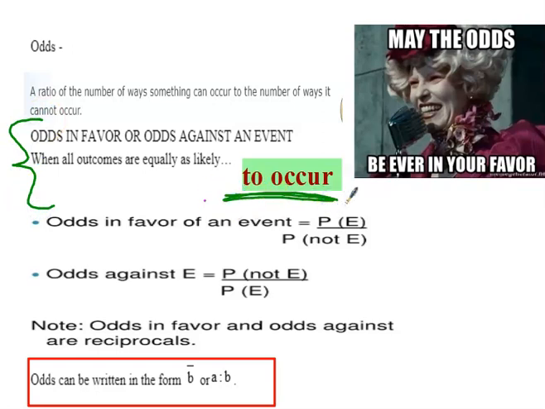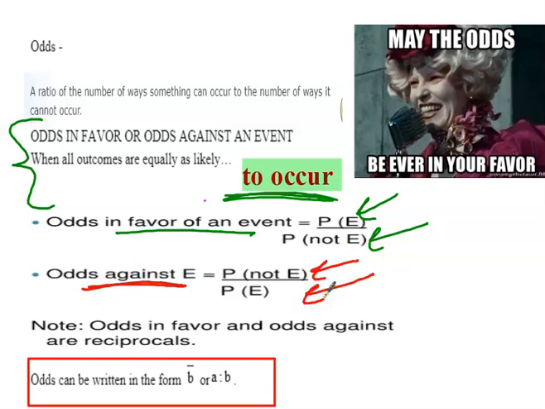Odds in favor of an event means when does it happen and when does it not happen. If you hear the phrase odds against, that means when it doesn't happen compared to when it does happen. So it's the reciprocal of each other.